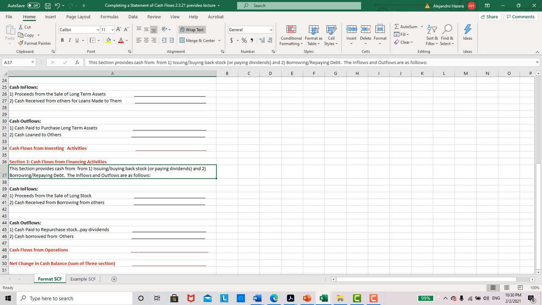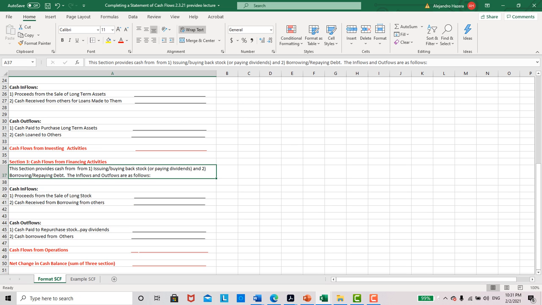Okay, but just like investing, there's two activities, and there are equal and opposite inflows and outflows. The first one is issuing and buying back stock. That's one way to finance. And the next one has to do with borrowing activities, money you borrow. So while loans that you make go in investing, money you borrow goes in financing.